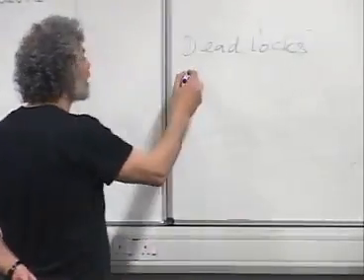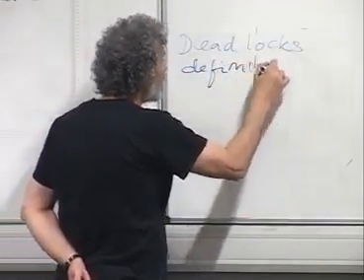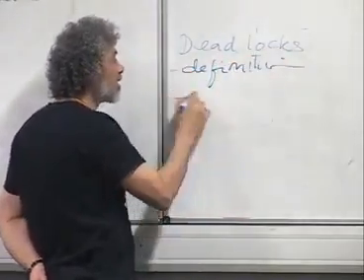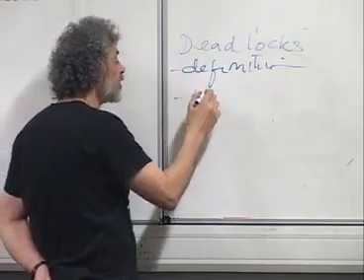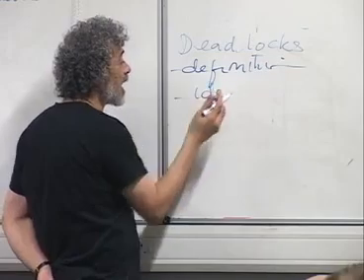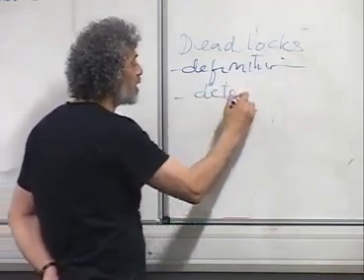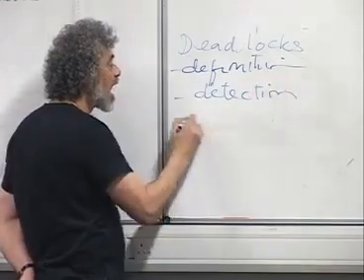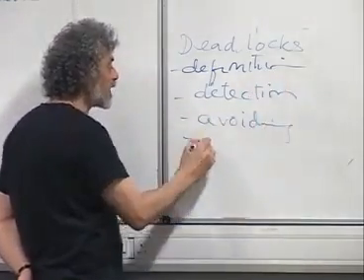So basically you need a definition or explanation of deadlocks, and identification, or how do you actually know, detection is a better word, detection of deadlocks, avoiding deadlocks, or prevention of deadlocks.